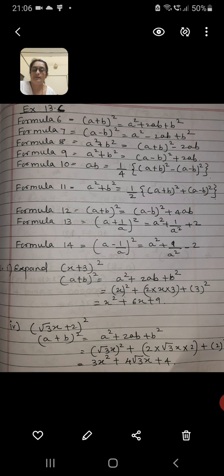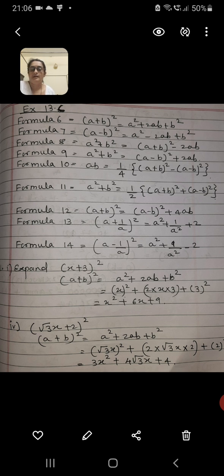Next, formula 12 is a plus b square. One more formula, because we learnt it in 6th also, the same formula, but the answer may be a minus b square plus 4ab. Formula 13 is a plus 1 upon a the whole bracket square is a square plus 1 upon a square plus 2.